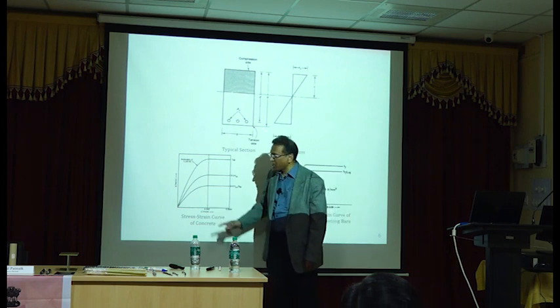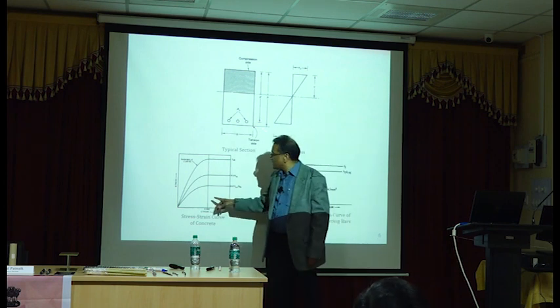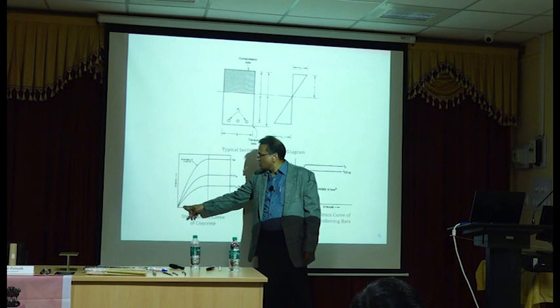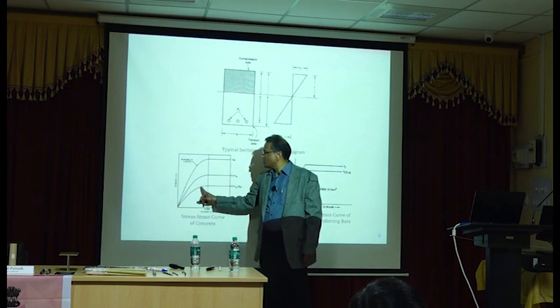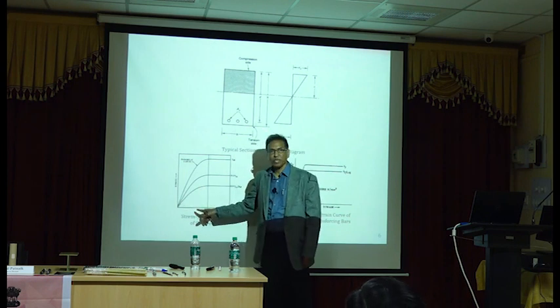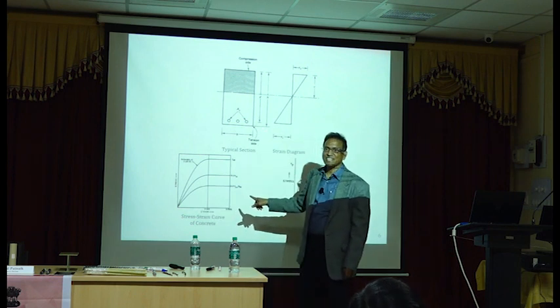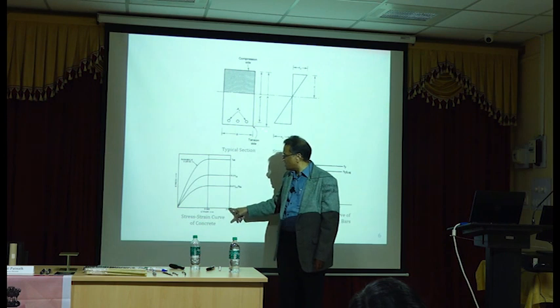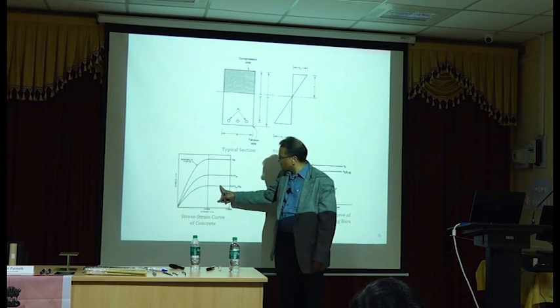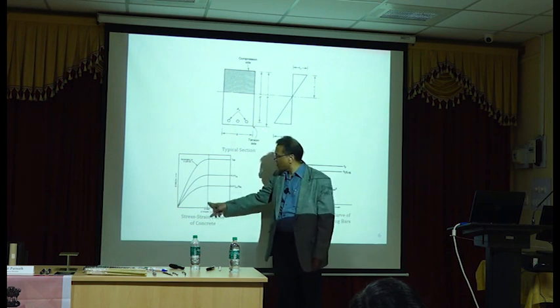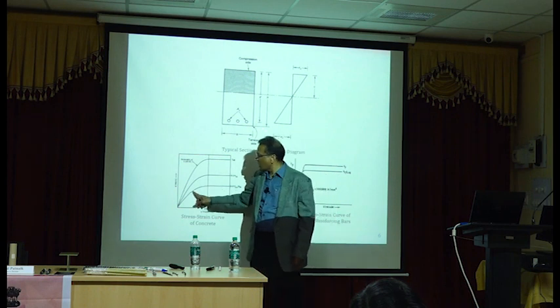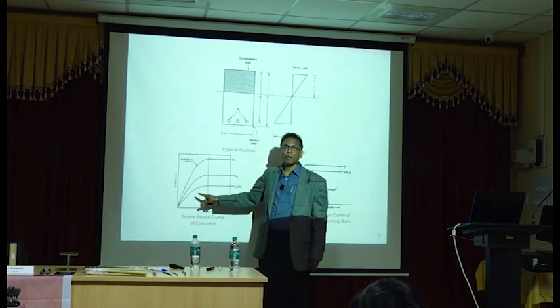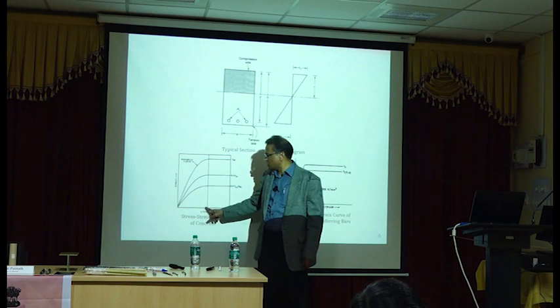So if my strain is, let's say, less than 0.002, then I need to consider this parabolic shape as my stress block. Is that right? If my strain is between 0.002 and 0.0035, then I need to consider that here. So I will have a rectangular stress block and a constant parabolic stress block up to 0.002.